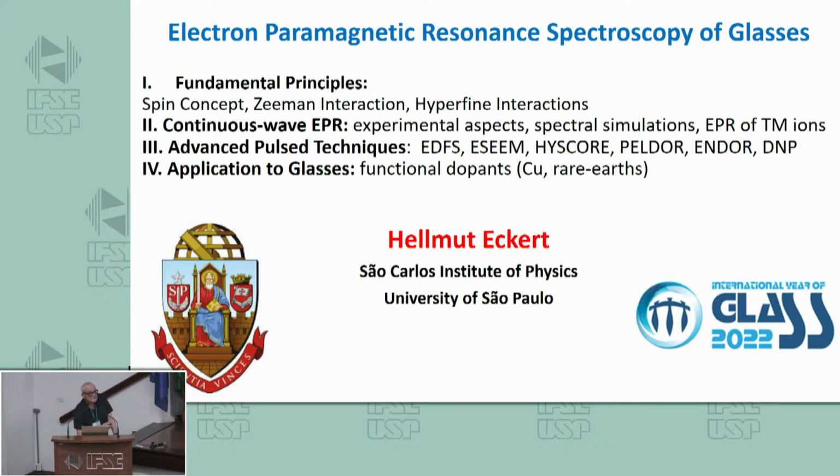In EPR spectroscopy, there are two types of techniques. The traditional one being continuous wave EPR. We talk a little bit about experimental aspects, the simulations, and give a little bit of a review of EPR of transition metal ions, which of course are important ingredients in glasses.